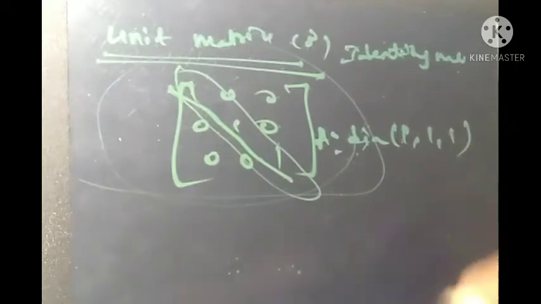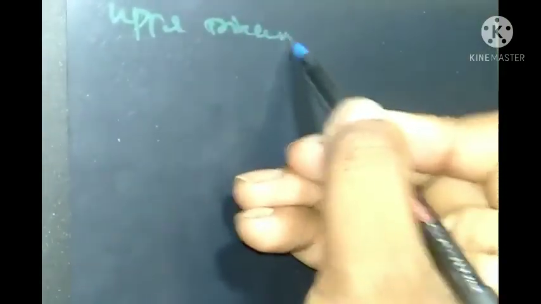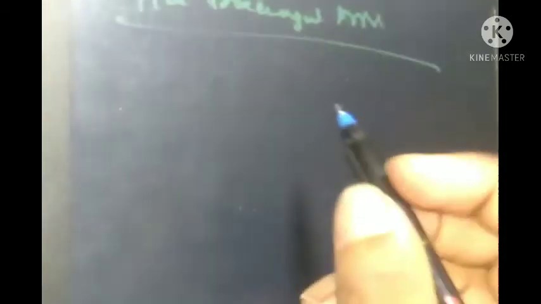Okay, and we move on to another type, that is the upper triangular matrix. What is an upper triangular matrix? A square matrix is said to be an upper triangular matrix if all the elements below the diagonal are 0.